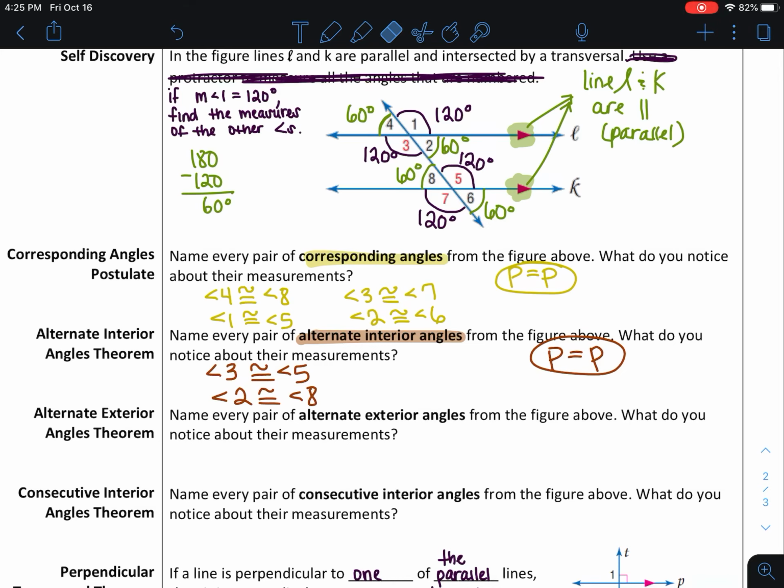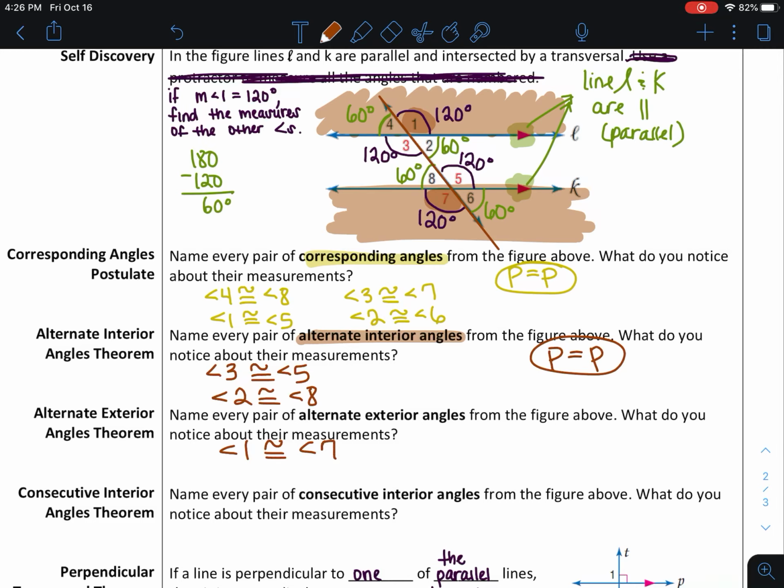All right, so next we have alternate exterior angles. So this time we're going to be looking at the exterior, which is the outside. So it's not between the two lines, it's outside. And again, this is the transversal. So we need, let's see, angle 1 and angle 7. They're on different sides of the transversal, but they're also on the exterior.